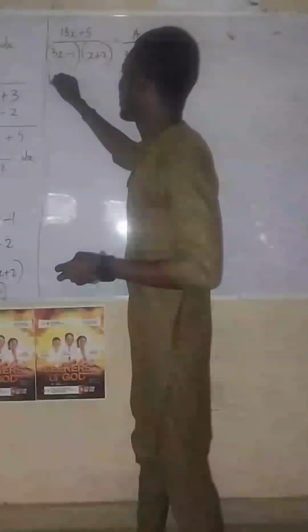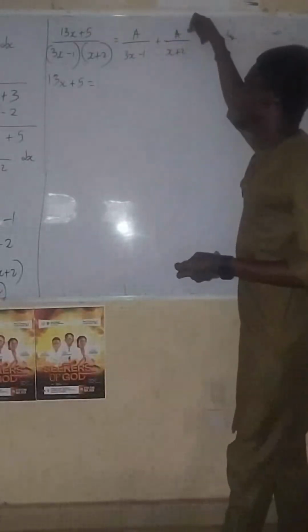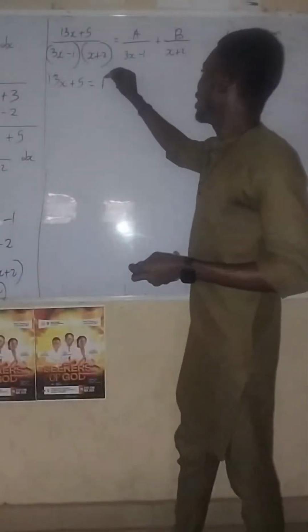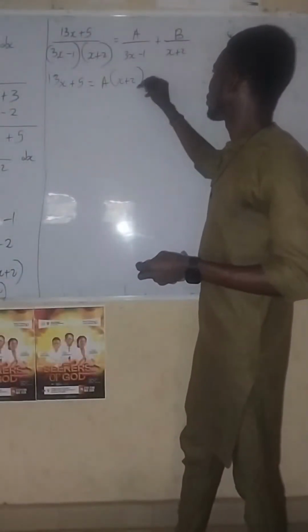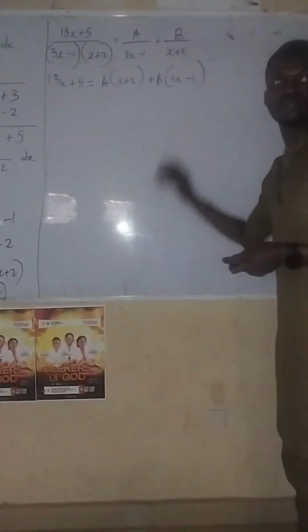That means we have 13x plus 5 equals A will take this, then B will take this, right? A into x plus 2 plus B into 3x minus 1, right?